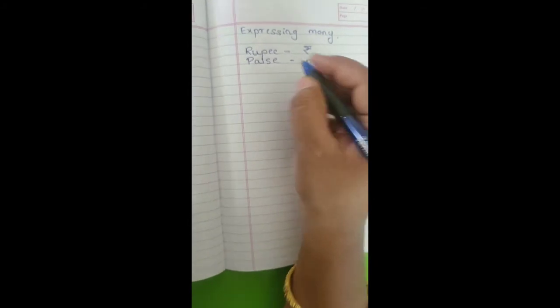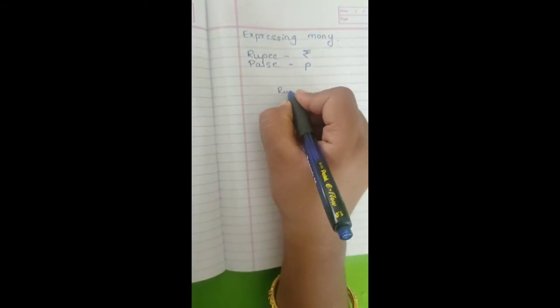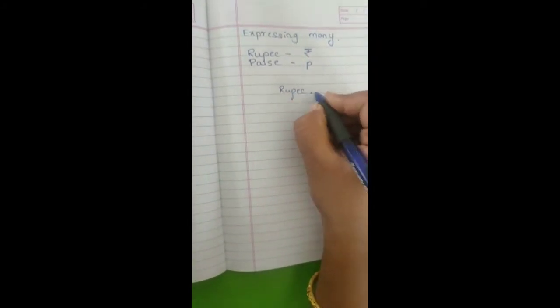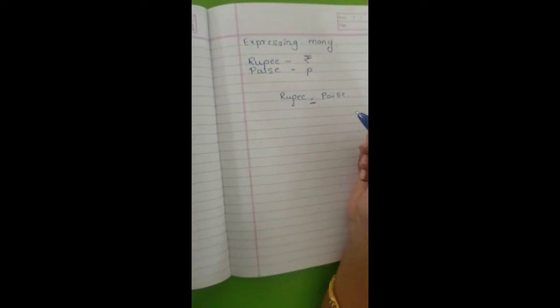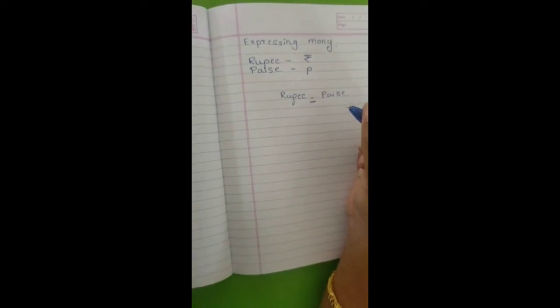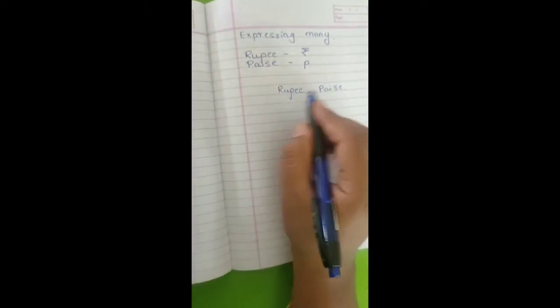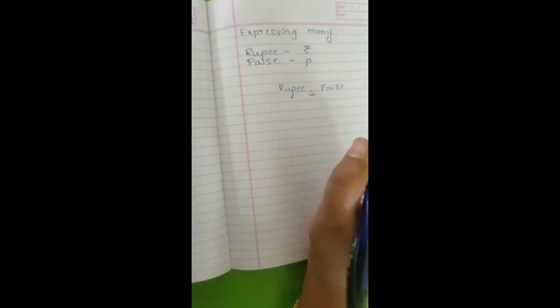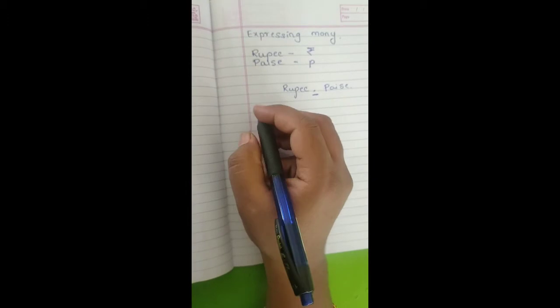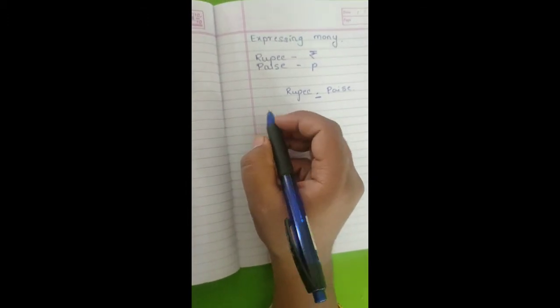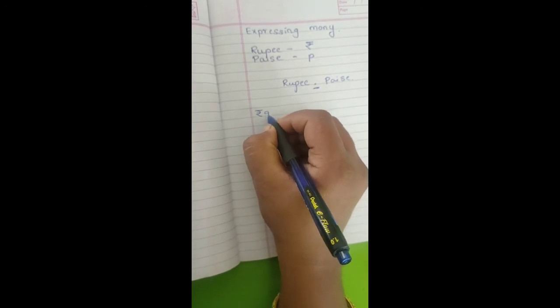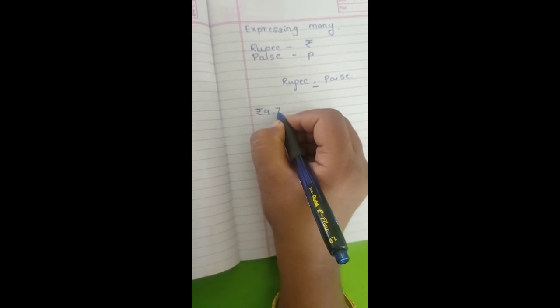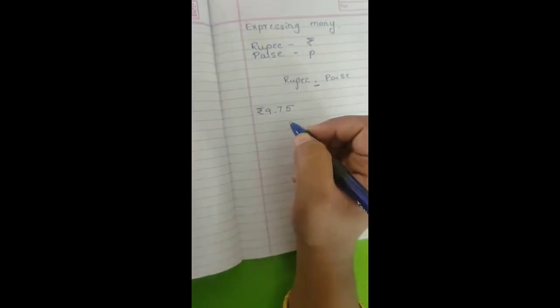Here we write rupees, and a dot with paisa. This dot will differentiate between what? Rupee and paisa. See how I will write 9 rupees 75 paisa.